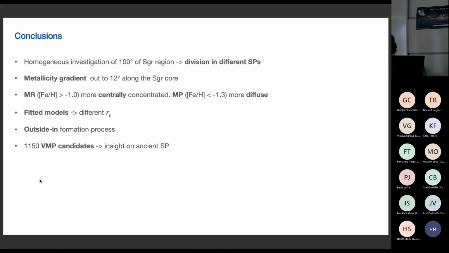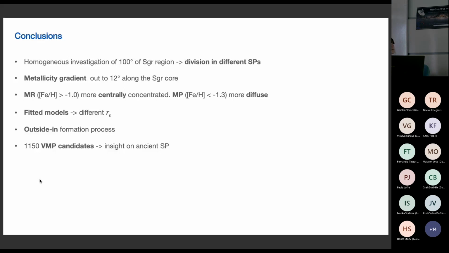We were able to spot a trace of a metallicity gradient that extends along the entire Sagittarius core, telling us that Sagittarius has a more metal-rich population concentrated at the very center, while the metal-poor counterpart is more diffused, and the ratio is increasing at the edge of the galaxy.